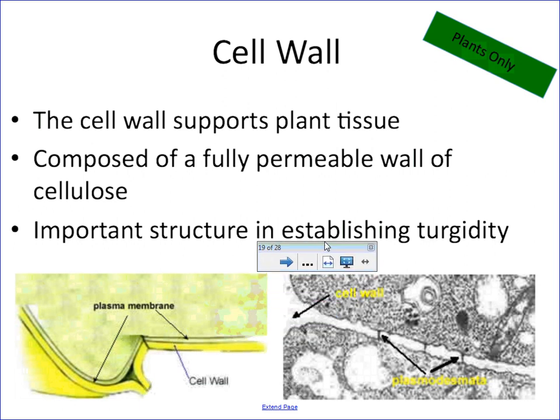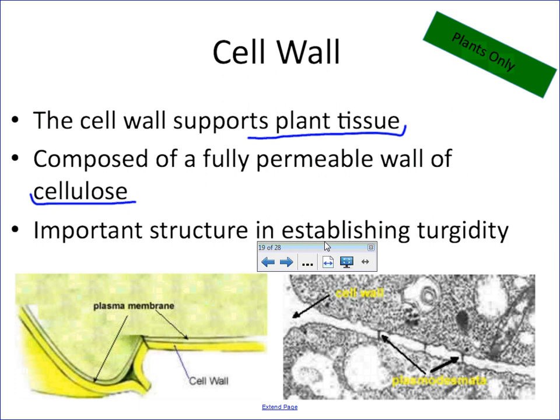In plant cells, surrounding that cell membrane will be the cell wall, and the cell wall will function to support plant tissue. The cell wall is composed of a molecule referred to as cellulose, which is a permeable molecule.